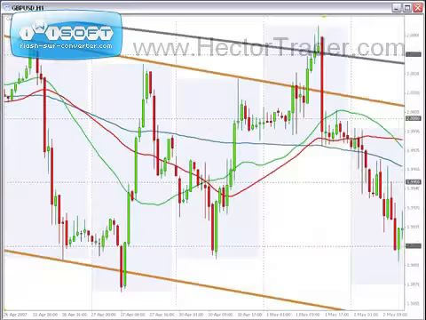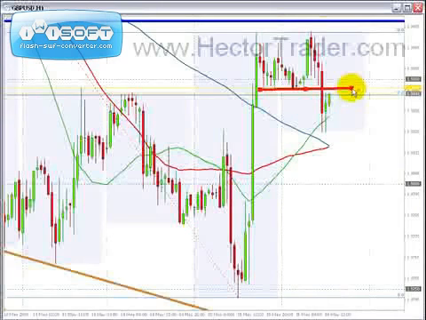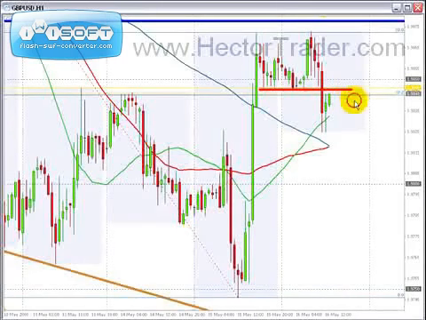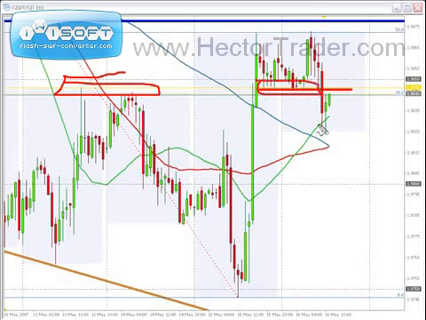Let's zoom into the 1 hour chart for a clearer view. There we are. That level, the 198.50, was working as support, now being broken, being retested, and I'm looking for continuation of the move to the downside.